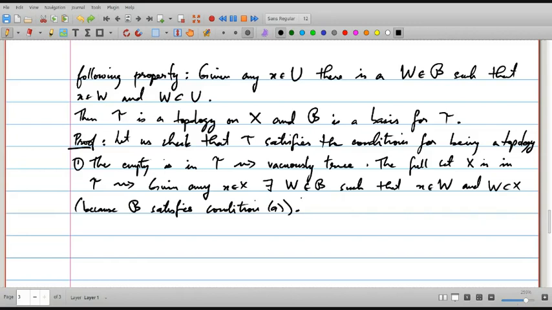So thus tau satisfies the first condition for being a topology.